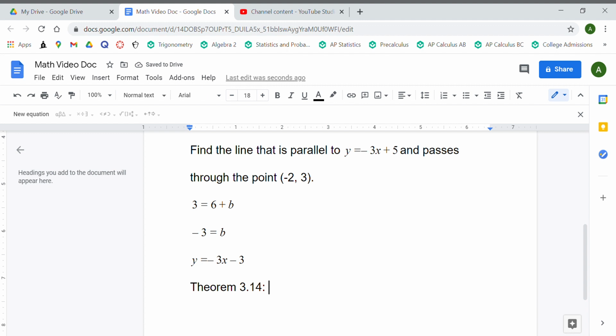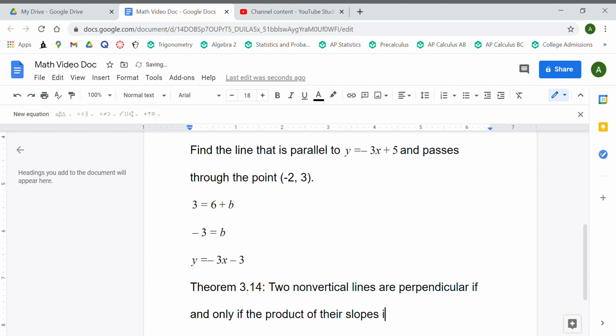The rule is that two non-vertical lines, because vertical lines have an undefined slope so we can't say that, are perpendicular if and only if the product of their slopes is negative 1.